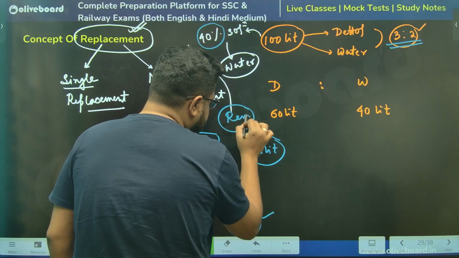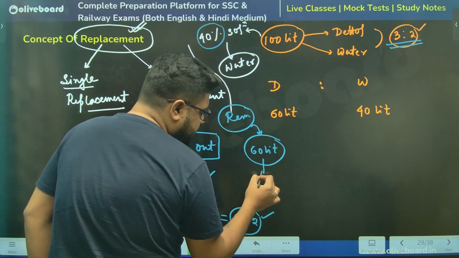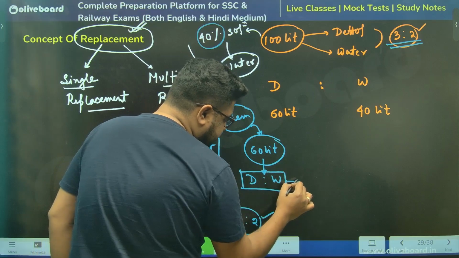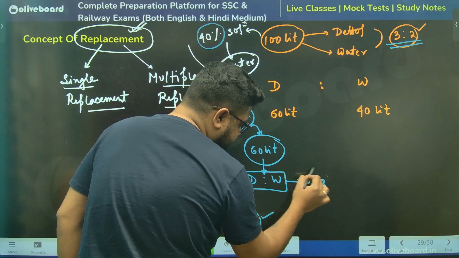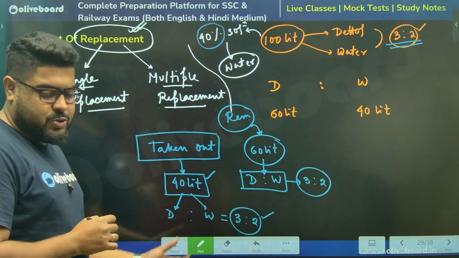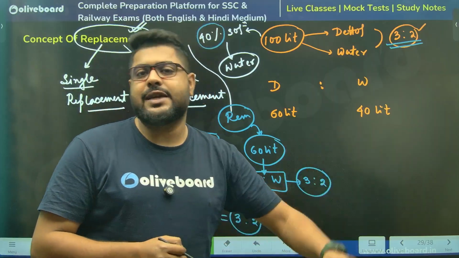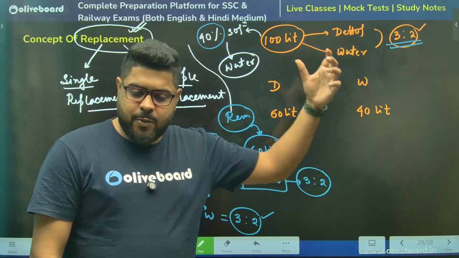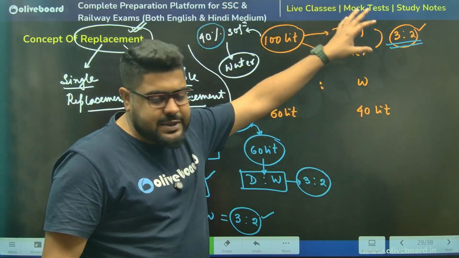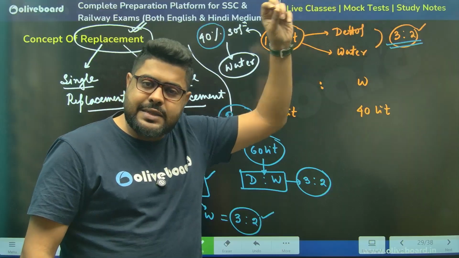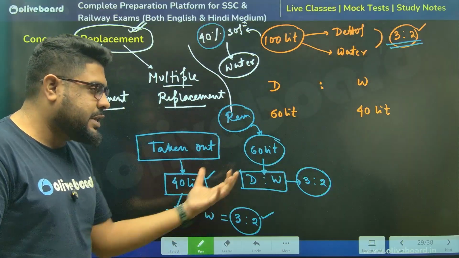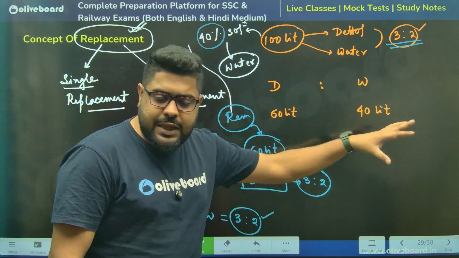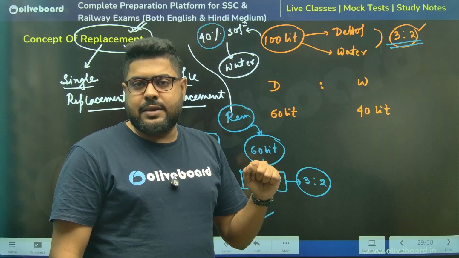Here also the Dettol and water will be in the same ratio of 3 is to 2. So the ratio does not change. Whatever was the initial ratio, the same will be the ratio in the solution that you have taken out, and the same will be the ratio in the solution that is remaining in the container.